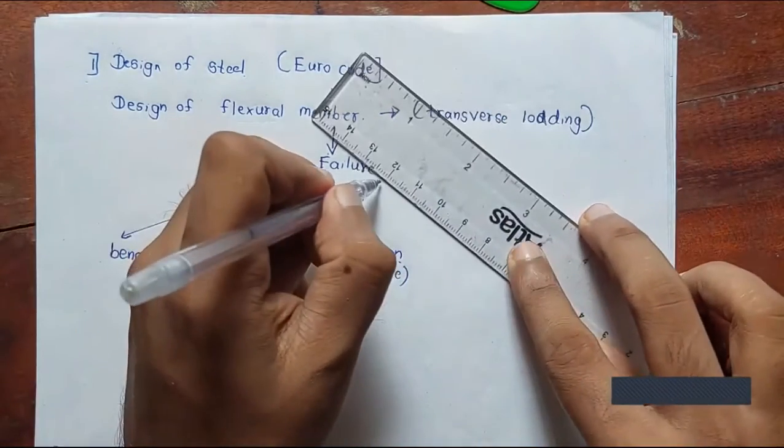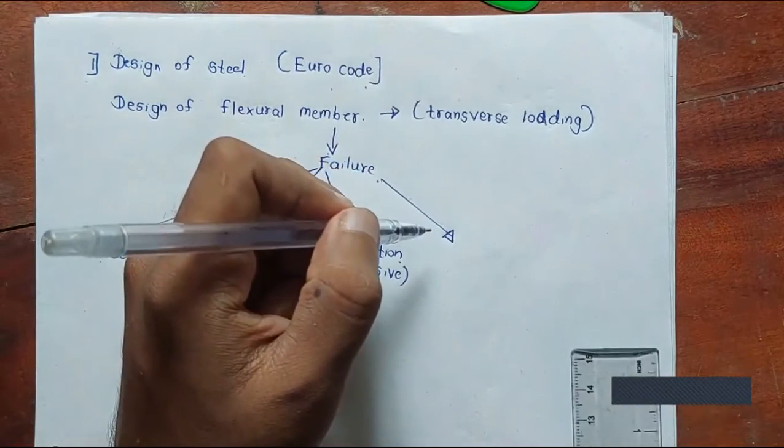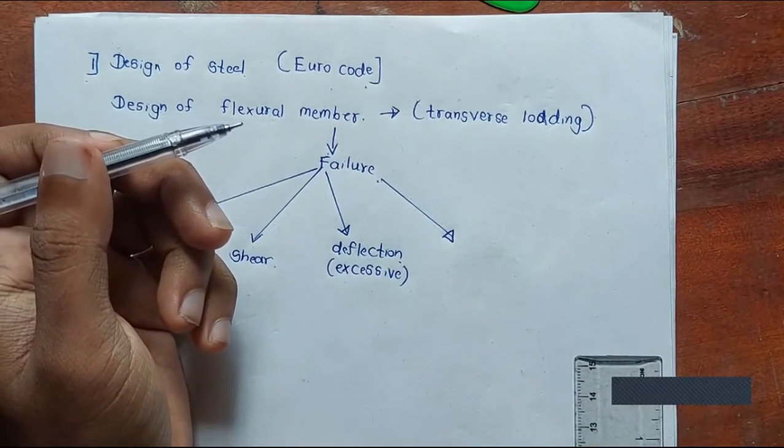And then the steel beam is kept on a bearing. If the bearing fails due to the stresses, your beam fails.